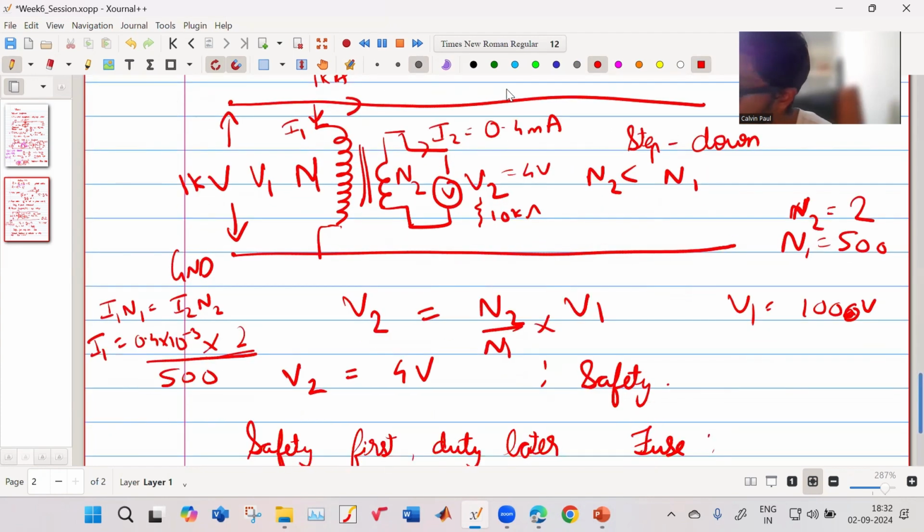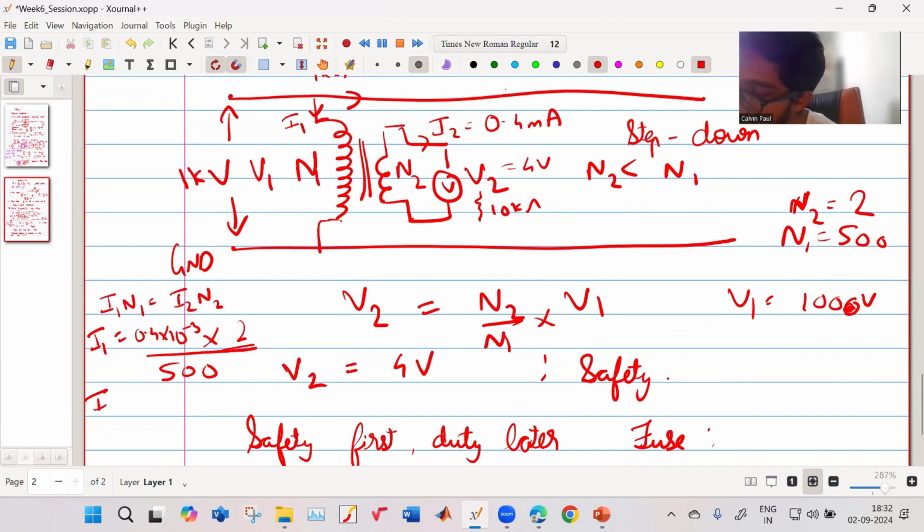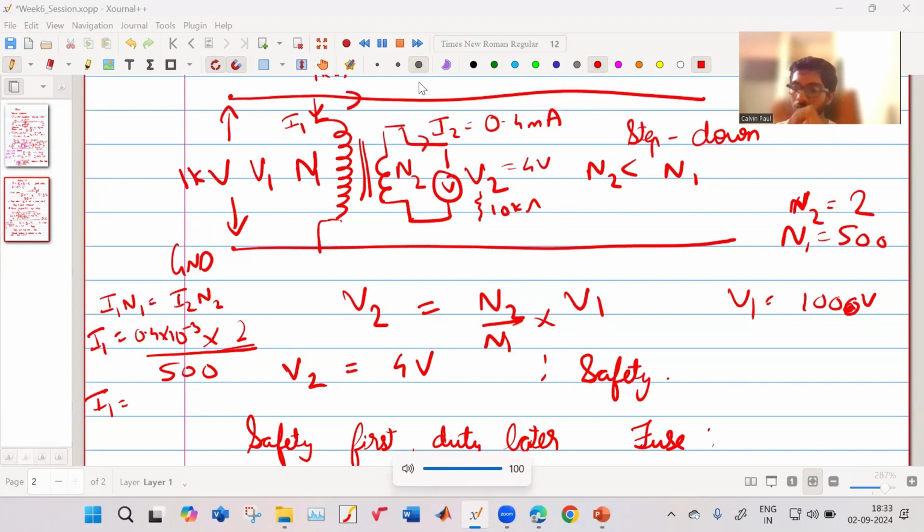So how much will this be? You guys have calculated, right? How much will this current be? 0.4 into 10 to the power minus 3 into 2 upon 500.